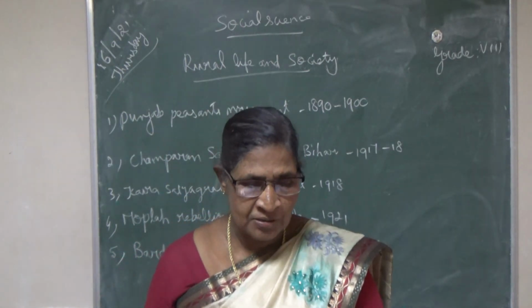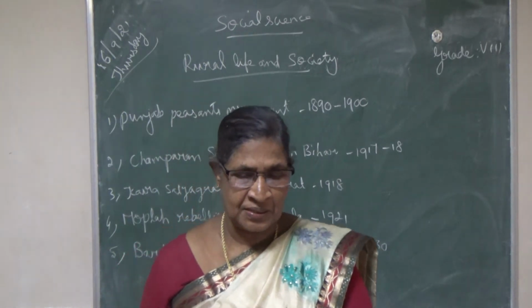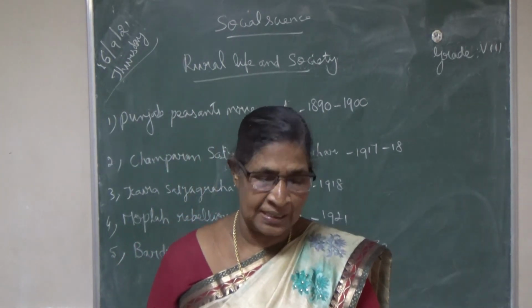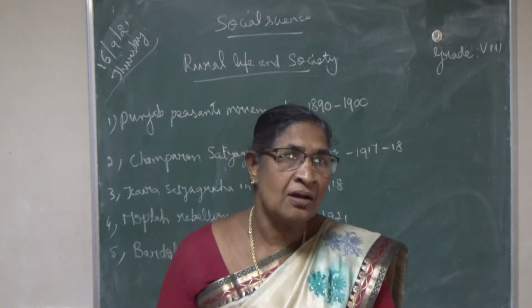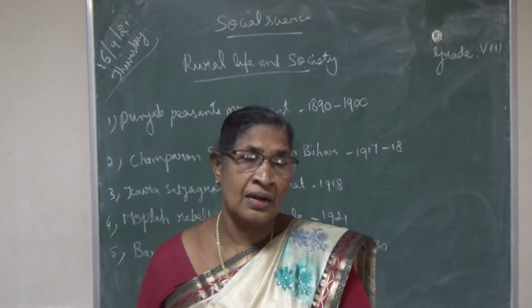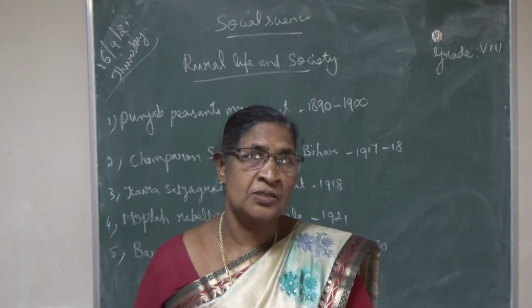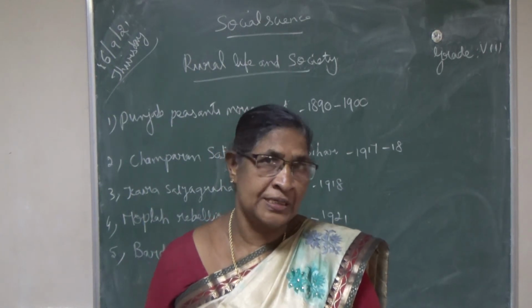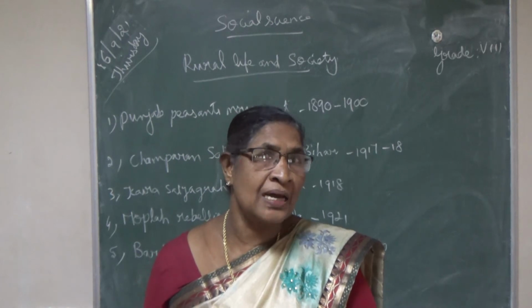There also this revolt was led by two brothers, including Kesab Chandra Roy. They revolted against the illegal collections of the Zamindars and the moneylenders. Already we studied that the British government fixed the tax that the Zamindars paid to the British government, but they did not fix the tax collection from the cultivators.